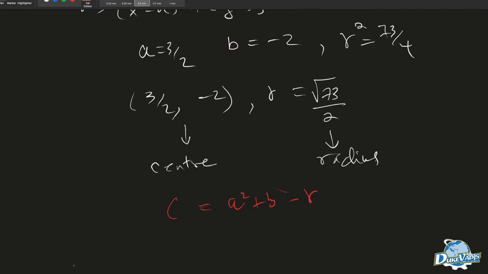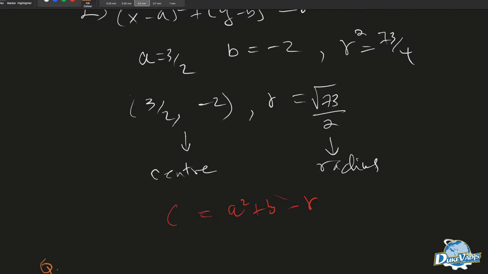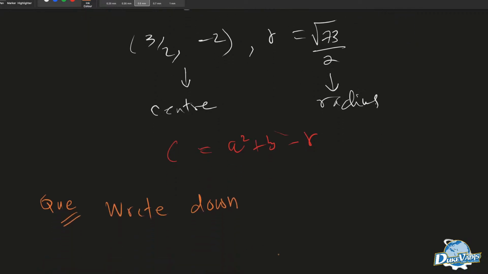Write down. That is the question. You see, over here, they say we should write down, meaning it's supposed to be very simple.